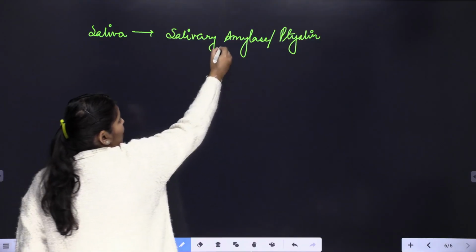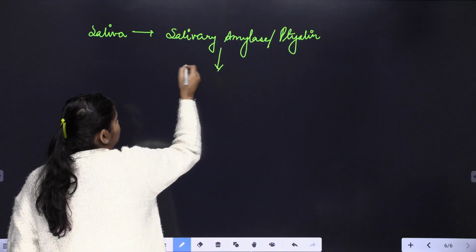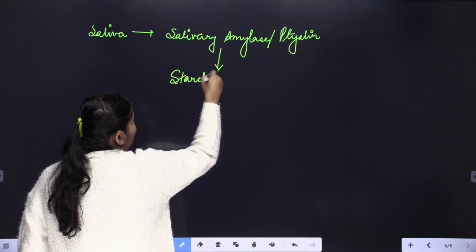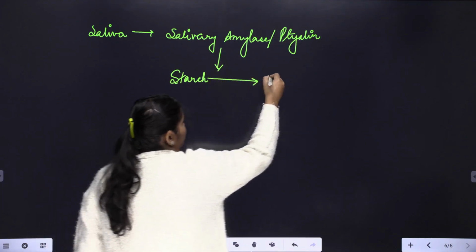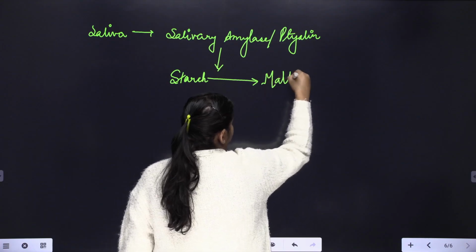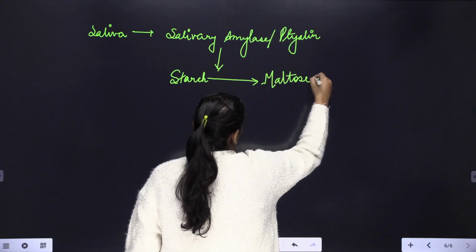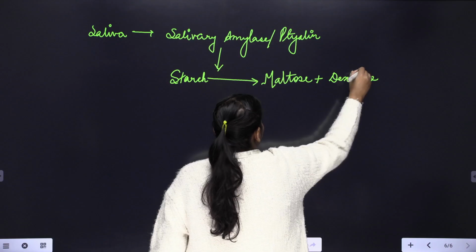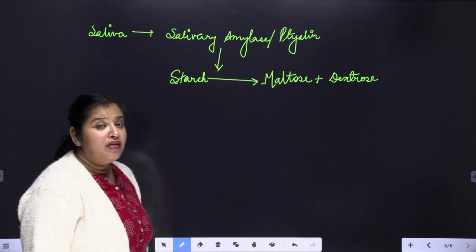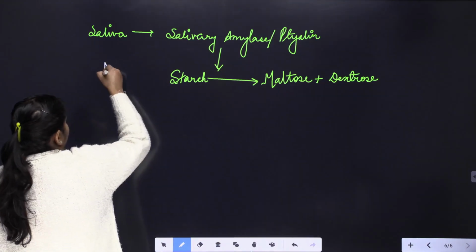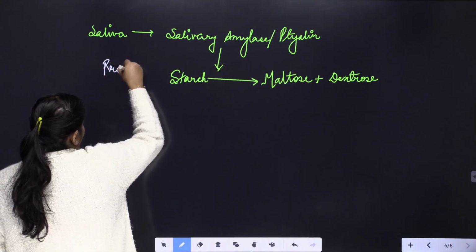This salivary amylase or ptyalin is responsible for conversion of starch, which is the complex food you eat, into maltose, which is a simpler sugar, and dextrose. Both of these are simpler sugars. That means the process of digestion starts where?